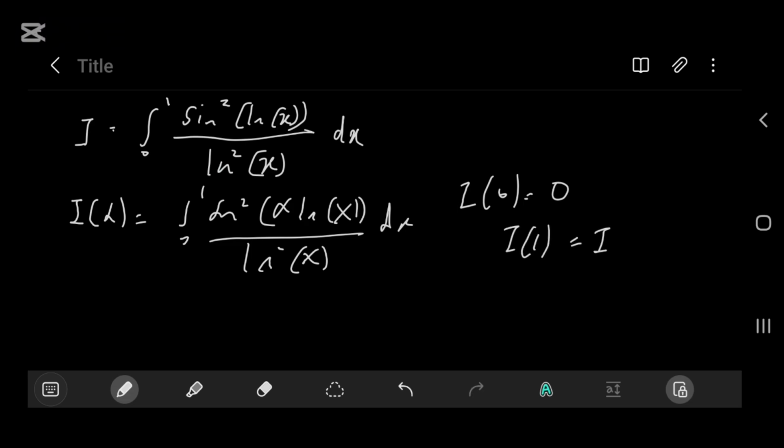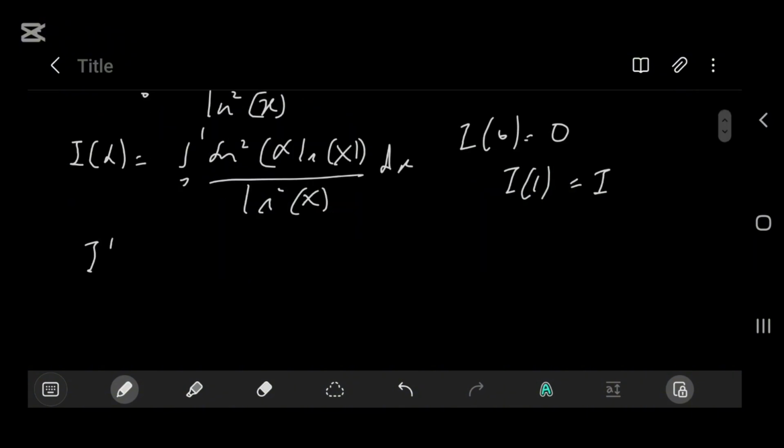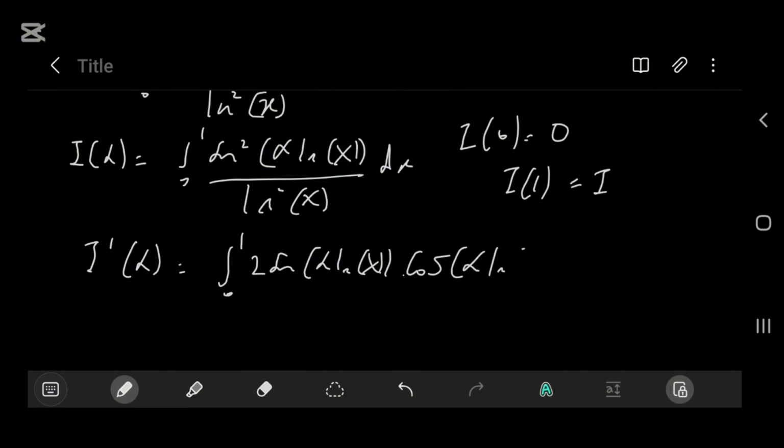the answer. So we get I prime of alpha equals the integral from 0 to 1 of 2 sin of alpha ln x times cos of alpha ln x times ln x over ln squared x.